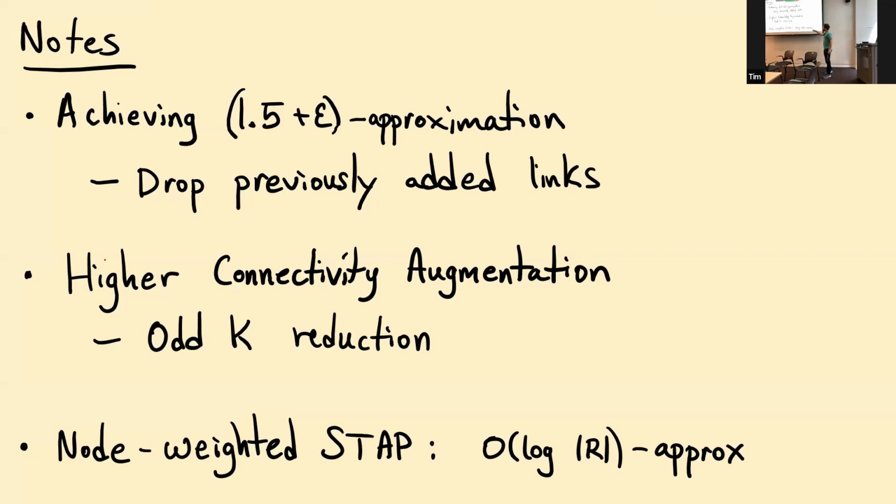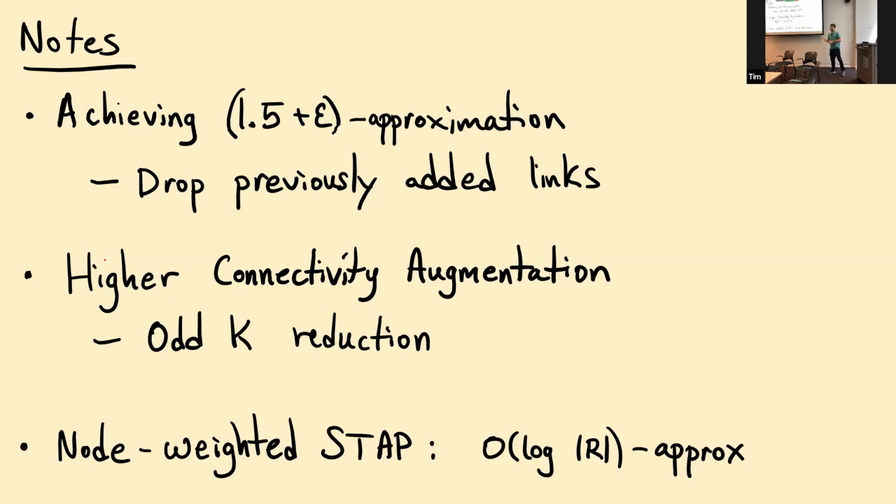And then finally, since we're using nodes in the augmentation, you might ask what if the nodes had weights as well? We were focusing on just the links having weights, but in the node weighted case, you can get an O(log of the size of the given tree) approximation for Steiner tree augmentation where the nodes have weights.